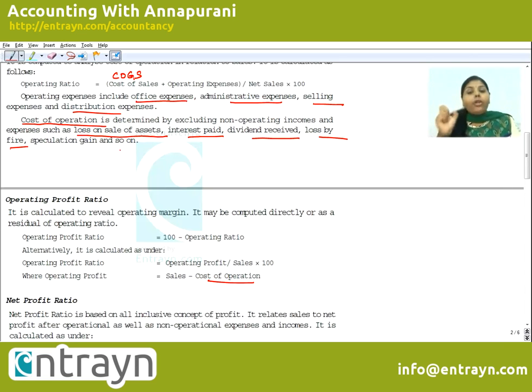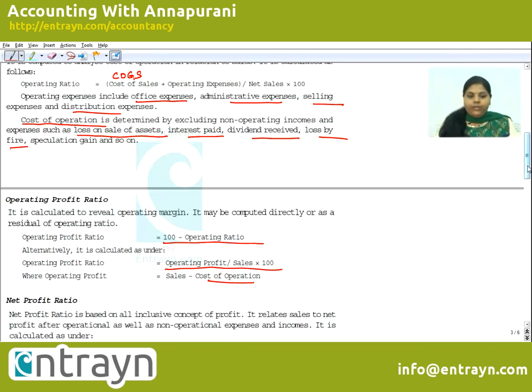But how will you find out the cost of operation? Cost of operation will be operating expenses minus non-operating income. So that is how you find it. Operating profit ratio is equal to operating profit by sales into 100, that is one formula, or 100 minus operating ratio.